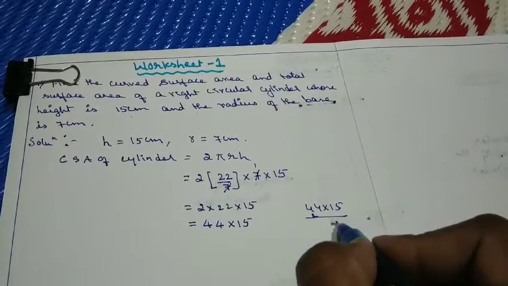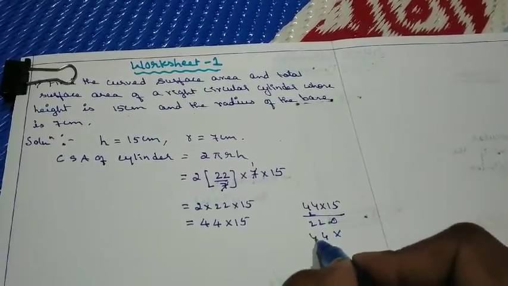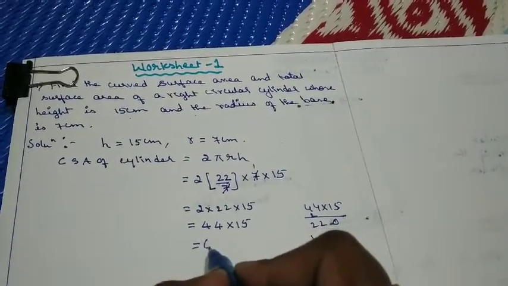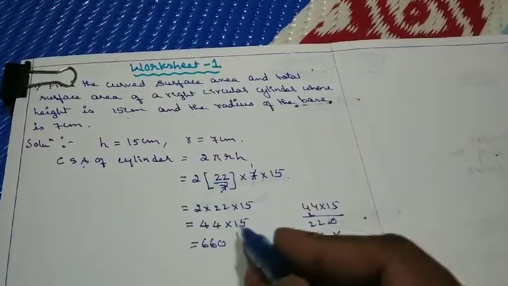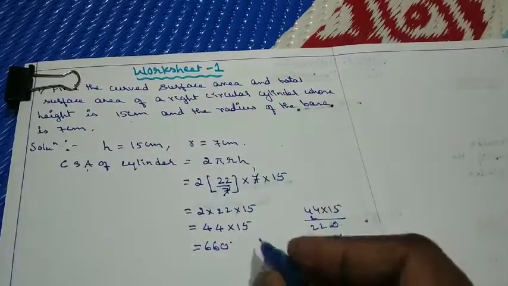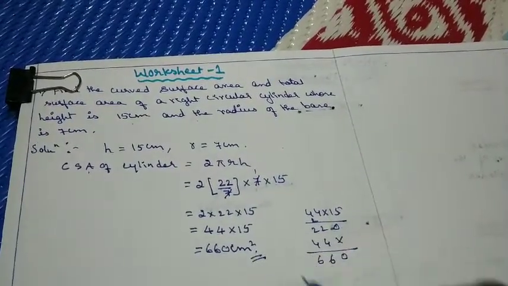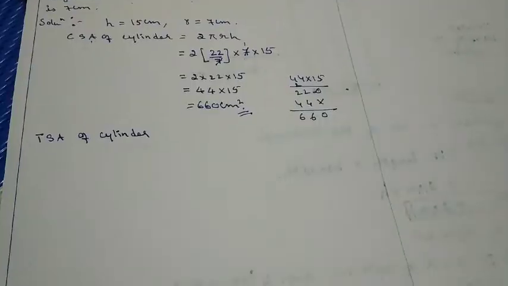That is 660. And here we are finding the area, so it becomes square unit, and the radius and height are given in centimeter, so it becomes centimeter square.